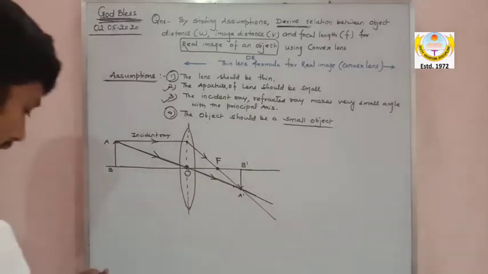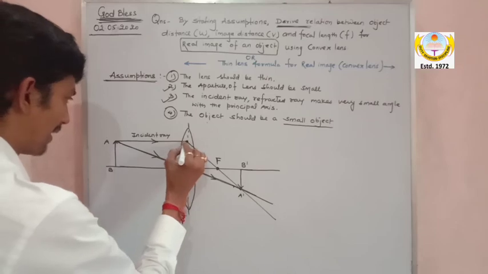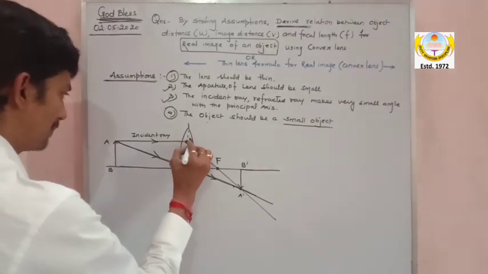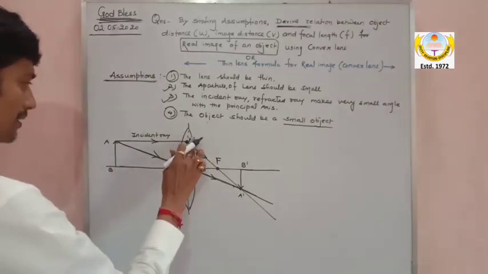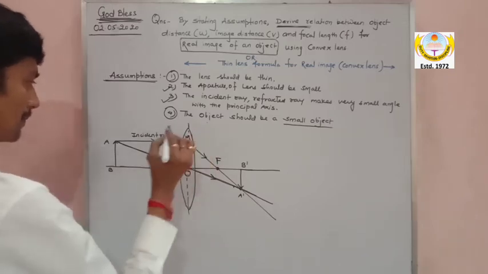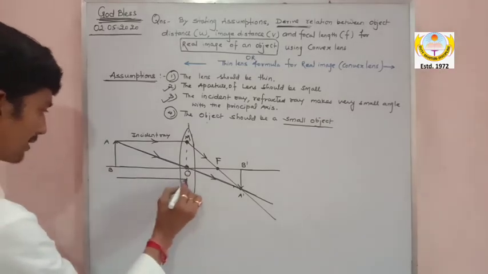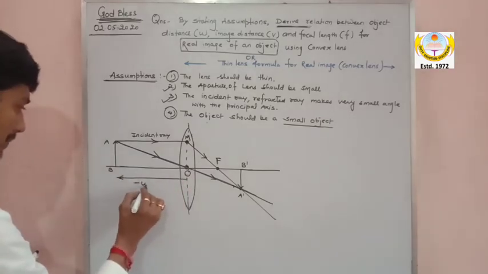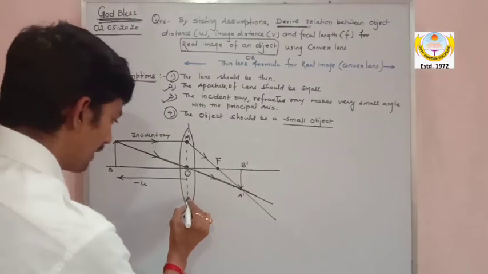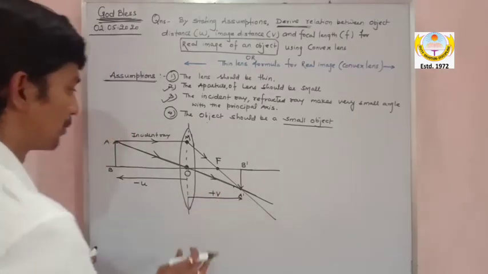Now here, can we mark? Suppose here I am marking M. Right? Here is your object distance minus U. Here is your image distance plus V. You know why plus V?